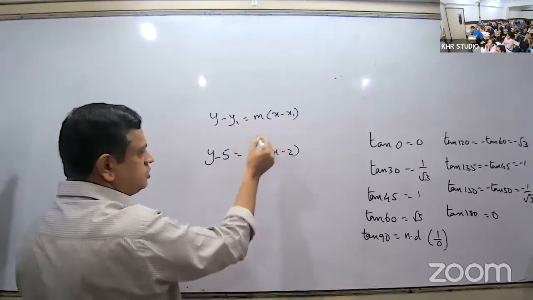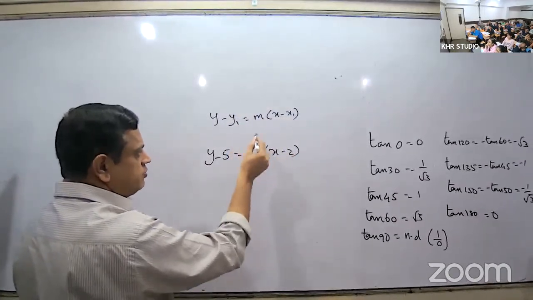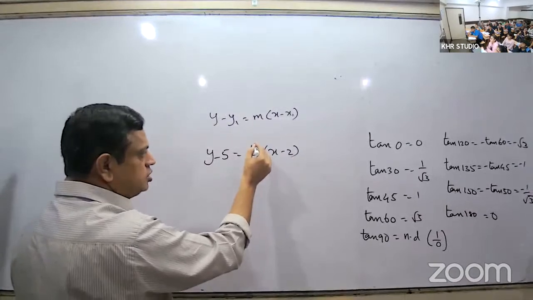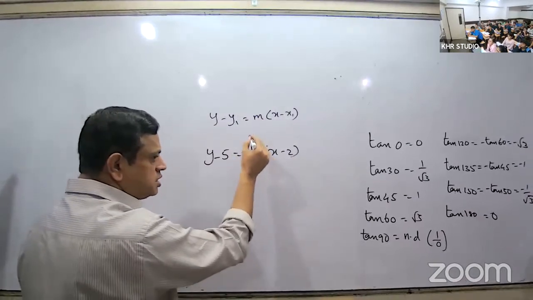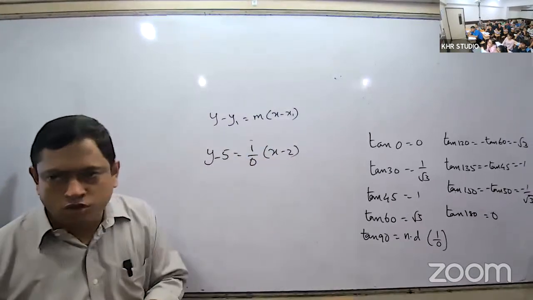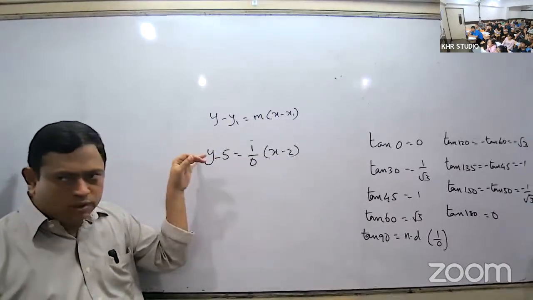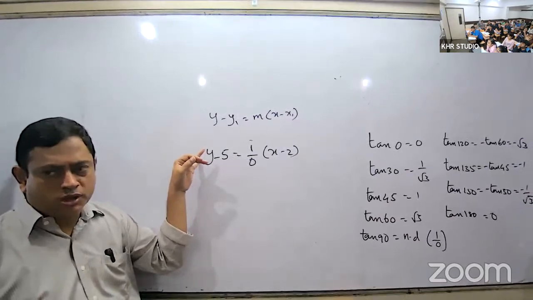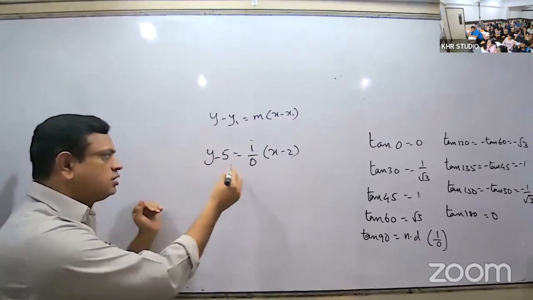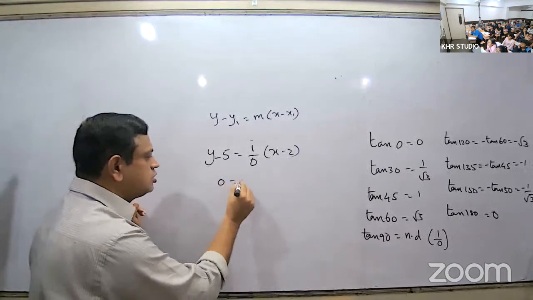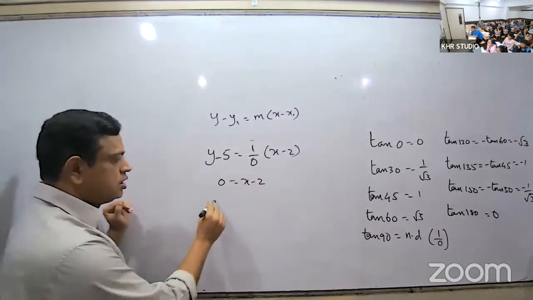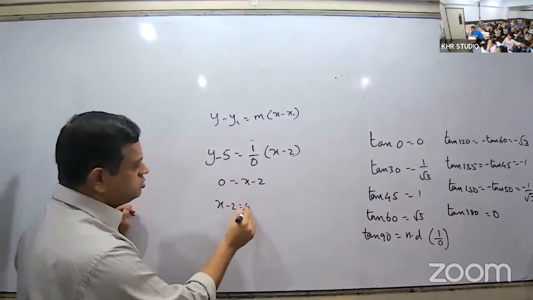The values of x1 and y1 are 2 and 5 correspondingly. M is not defined, so it will be replaced as 1 by 0. Now do you know how to simplify this one? Yes. Cross multiplied. When 0 is cross multiplied, what will you get? 0 into y1, 0 into x1. Therefore, x minus 2 equal to 0, or x equal to 2.